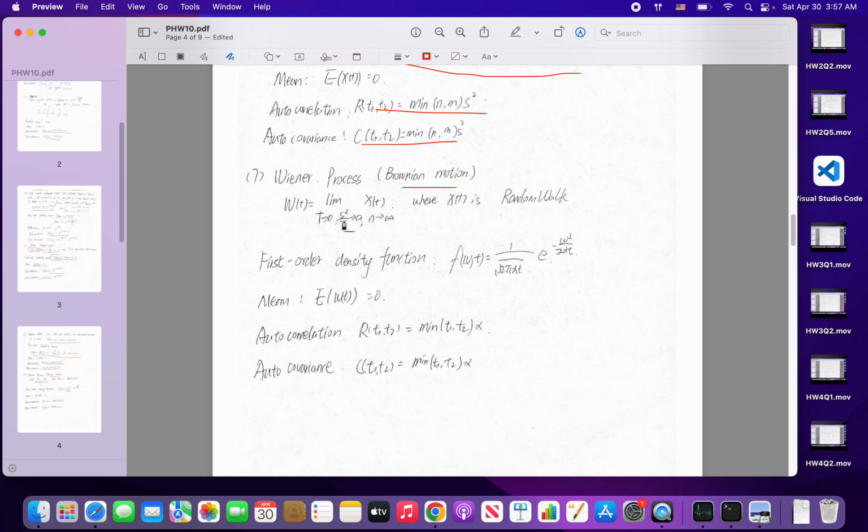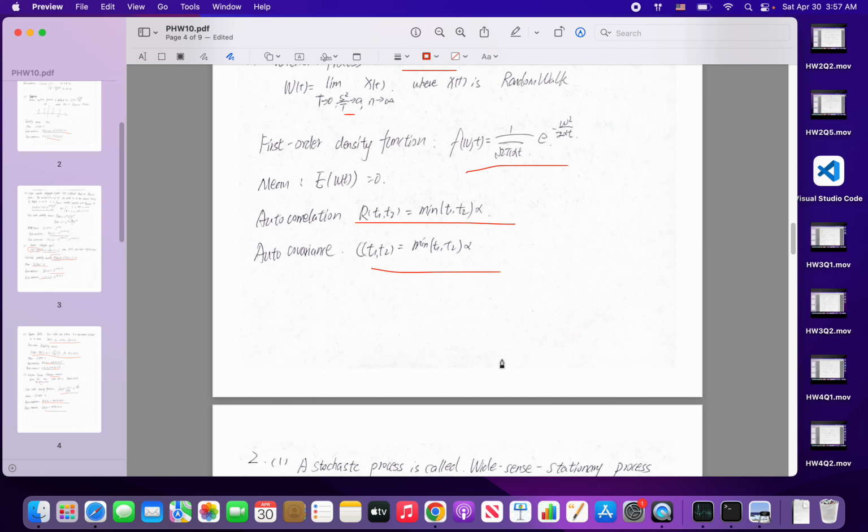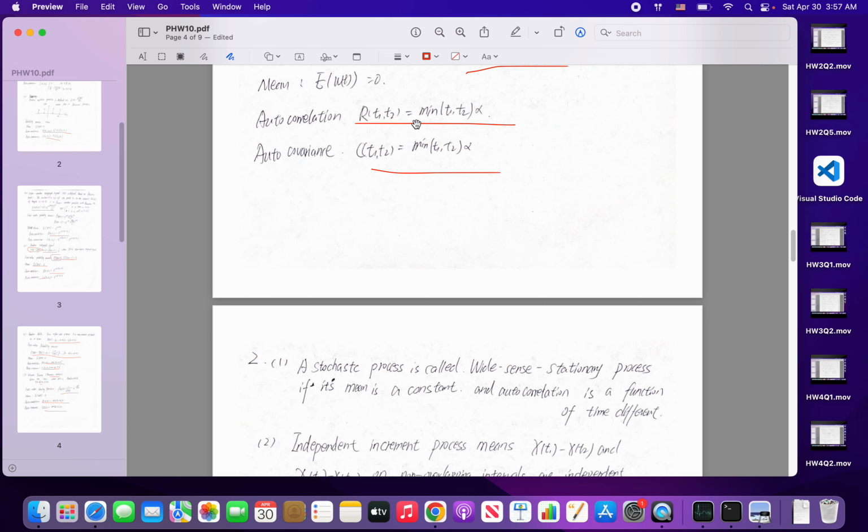So this form is a linear process, and we have the density function is this, and the mean is 0. This is the correlation, this is the autocovariance. This is the autocorrelation.